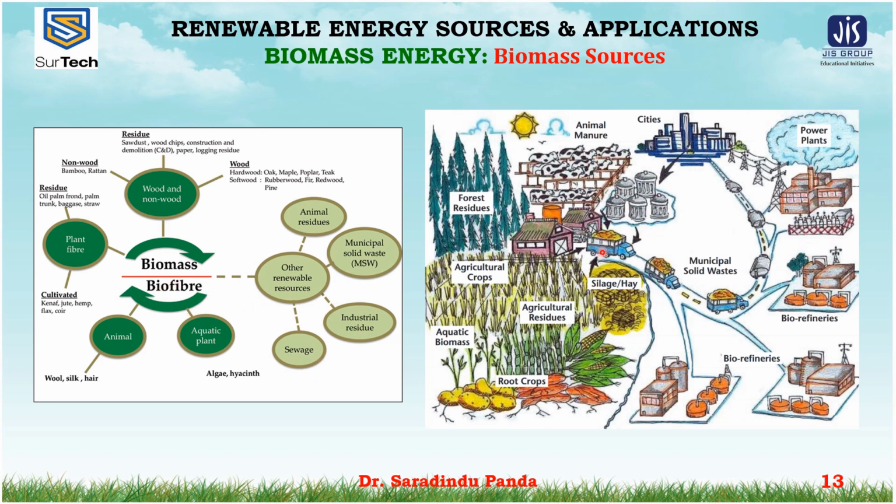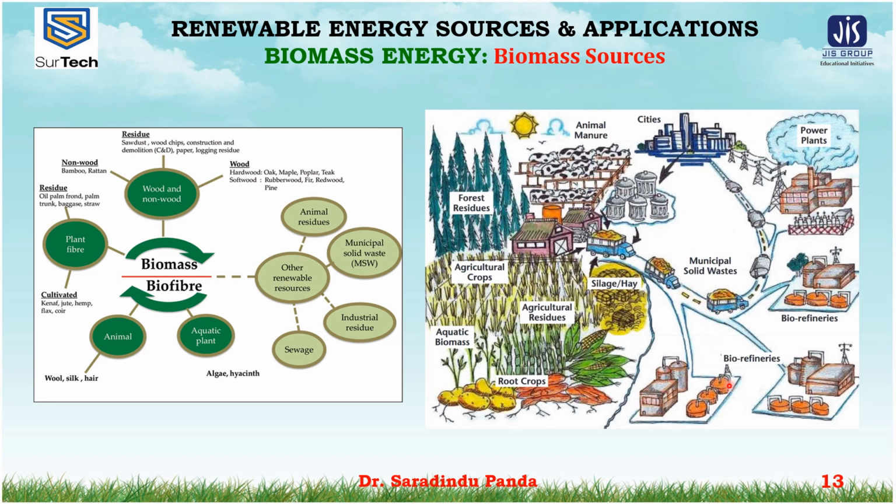So from this figure we will see that this is the forest residues, this is the agricultural crops. After processing we will get the biogas, the aquatic biomass, the agricultural residues, the root crops, the silage from the municipal solid waste.